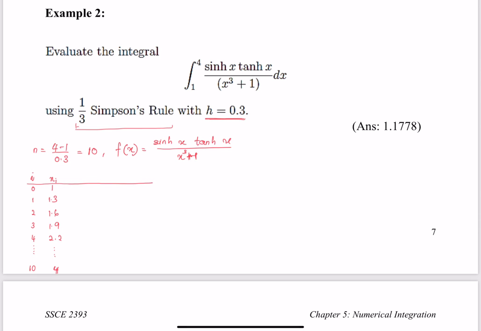And then the next column, I think it is better for us to have the summation of f0 and fn, or in our case here, f10. To calculate the value of f0, we just substitute x to be 1 in our f(x): sin 1 multiplied by tanh 1 divided by 1 cubed plus 1, and what we get is 0.4475.